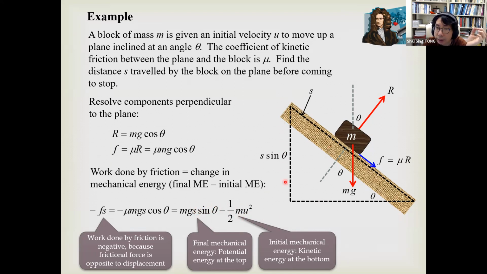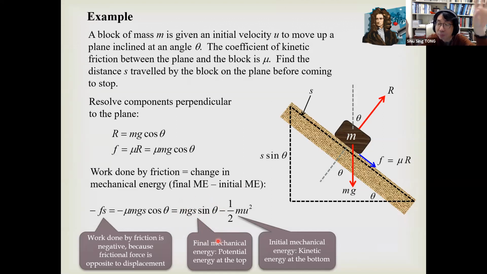If the displacement is s along the inclined plane, the height that the object has risen is s sine theta. So I have mg s sine theta as the final potential energy. So this is the final mechanical energy minus the initial mechanical energy.